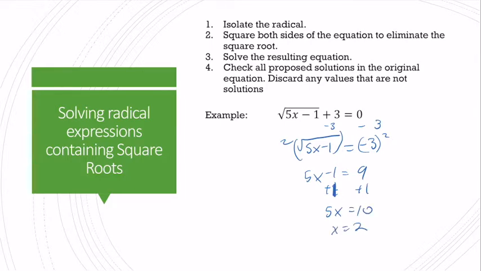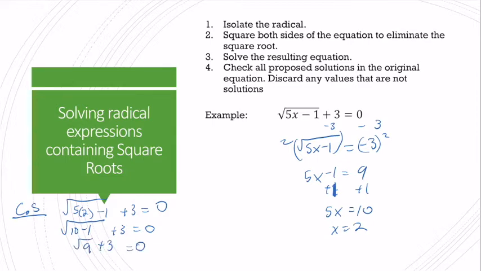Now I'm going to check my solution over here. If I have the square root of 5 times 2 minus 1 plus 3 equals 0, I get the square root of 10 minus 1 plus 3 is 0. So the square root of 9 plus 3 equals 0. Now remember, when I'm taking the square root, I'm always taking the principal square root unless I say otherwise.